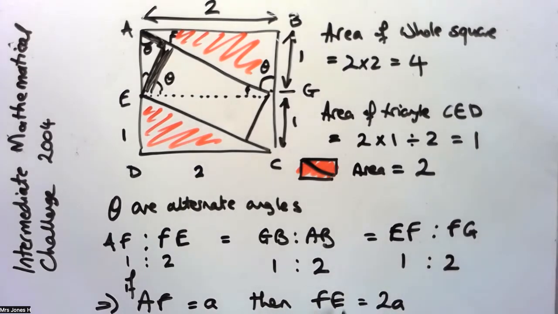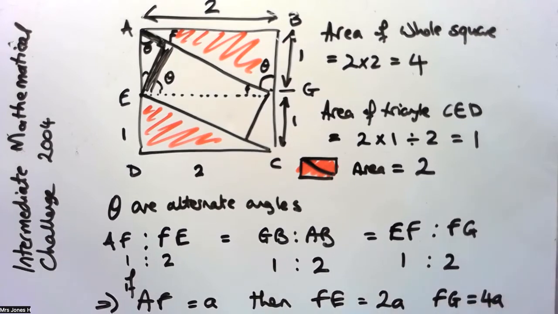FG, therefore, if EF or FE is 1, then FG is going to be twice that. So FG equals 4A.